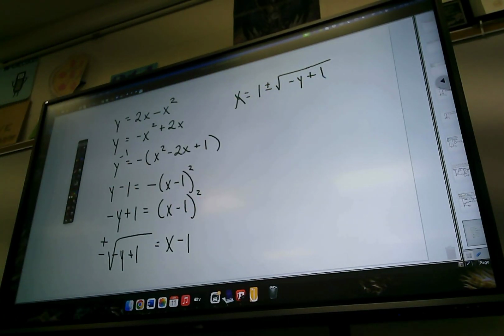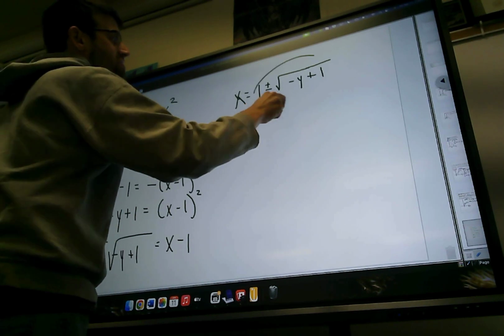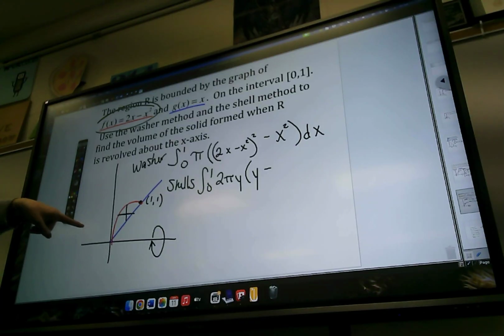Now, this is where it gets a little bit difficult because first we have to pick, we can't integrate a plus or minus, so we actually have to pick which one it's on. So when I go back here, I know this goes through the point 0, 0.